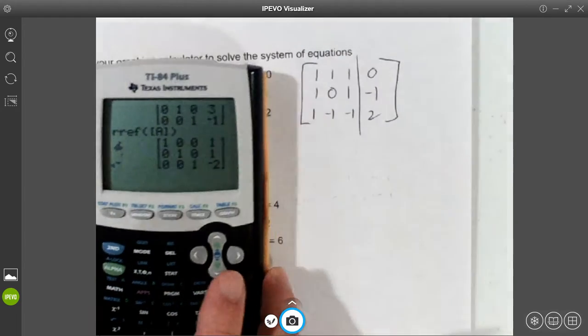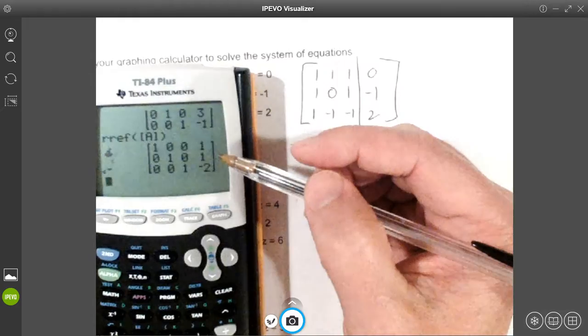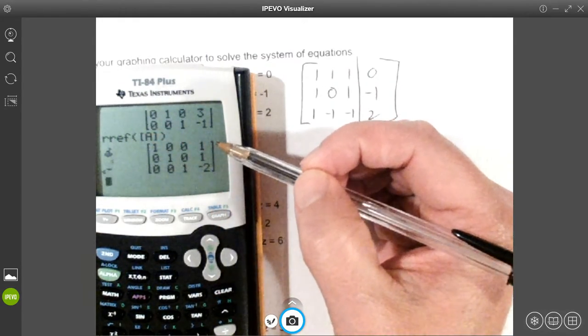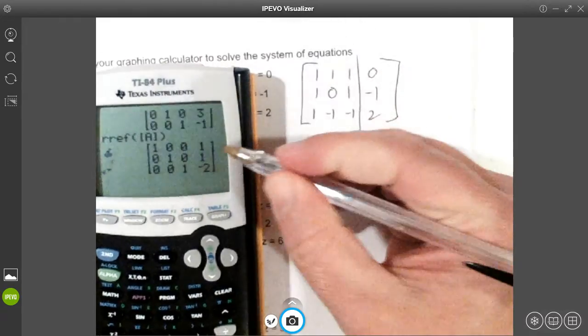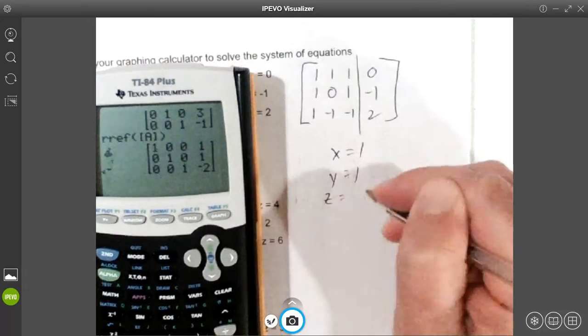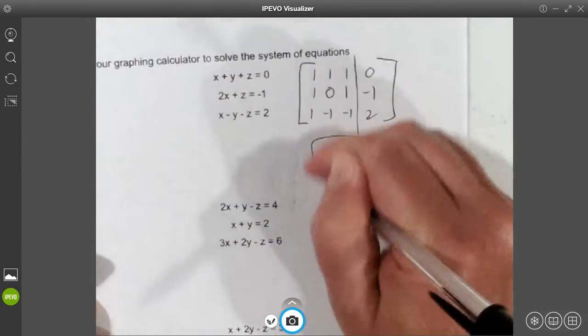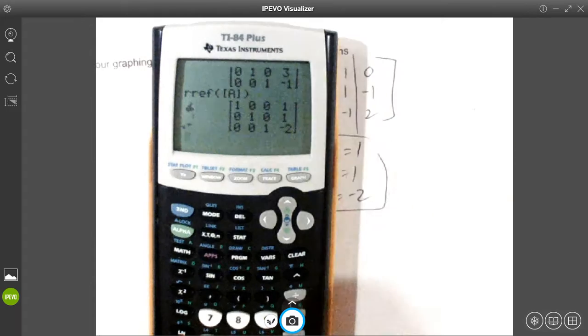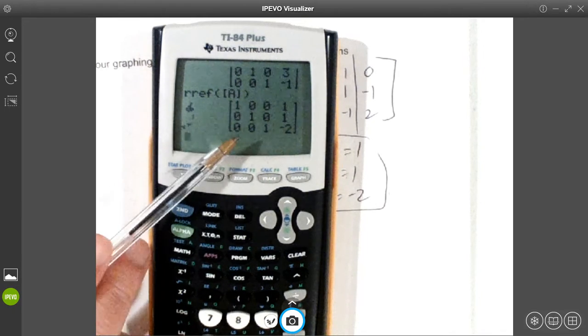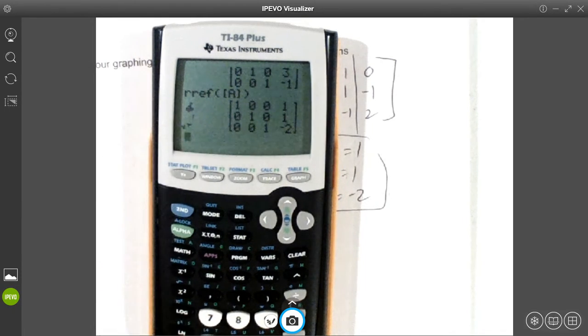Really all you have to do is read down this right-hand side because you've got 1x and the rest are all zeros. So x is 1, y is 1, and z is -2. Again, you can go through all the math, but if the last thing you did was put matrix A in reduced row echelon form, that's what it's going to do again, but now it's going to look at your new matrix A. So it does save you a little bit of time. Just wanted to show you that one.